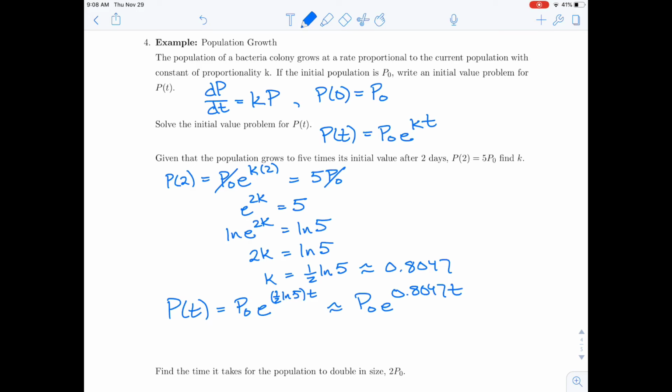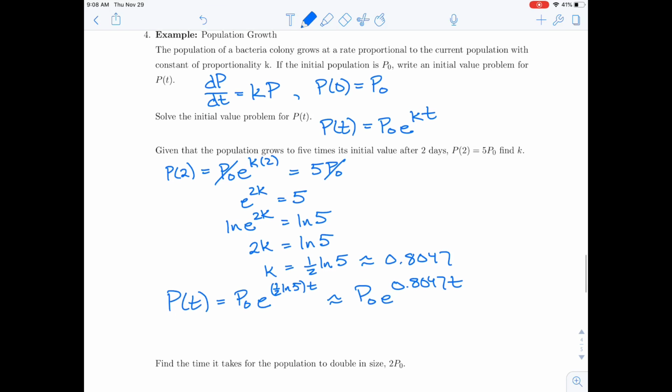But I don't suggest using that decimal approximation because it's in the exponential, and therefore the error in that approximation will grow exponentially. So I do suggest using 1/2 natural log 5 when plugging that into your calculator for computations.